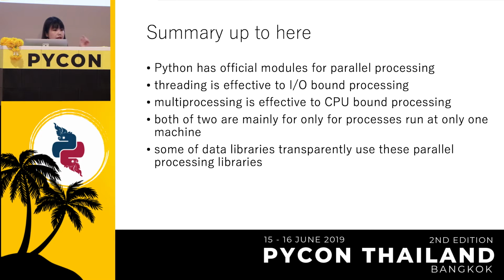So when we use scikit-learn, Joblib is transparently used. Or TensorFlow. We can use TensorFlow on a machine with a CPU. When we use the CPU for TensorFlow, TensorFlow will automatically multiprocess. It is very interesting, I think.